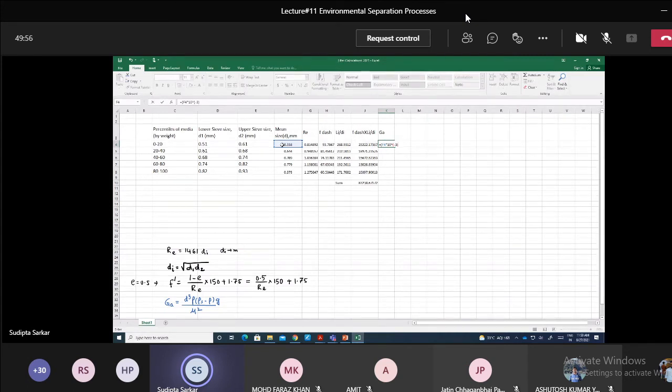This is our d, and I have to raise it to the power three.